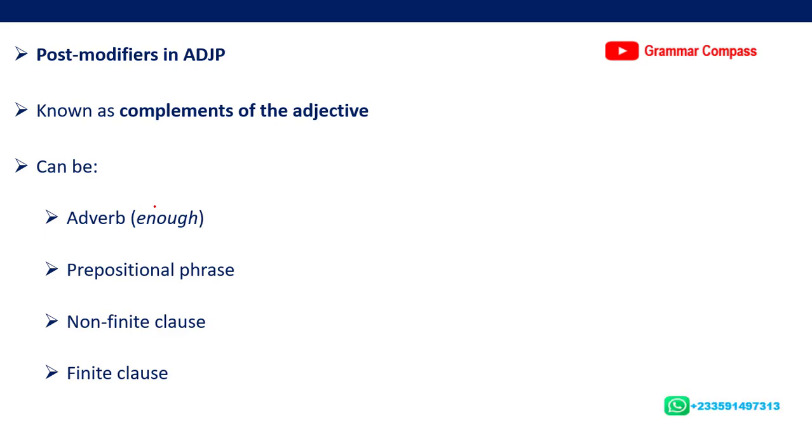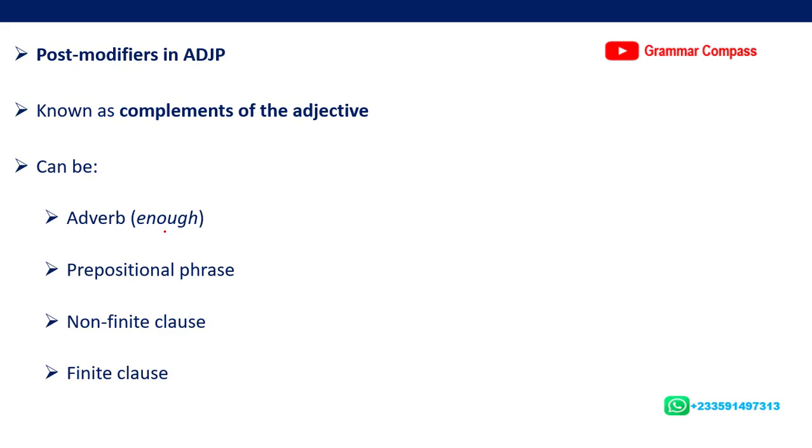They are known as the complements of the adjectives. So which words can come after the adjective head? First of all, the adverb can come after the adjective head. Adverbs like enough and indeed normally appear as a qualifier of the adjective head.